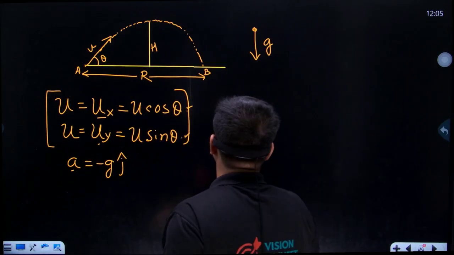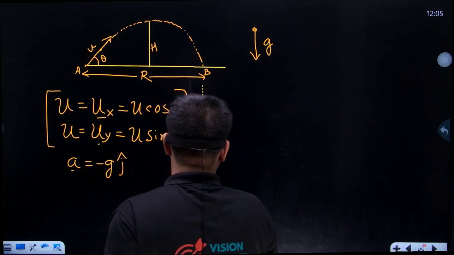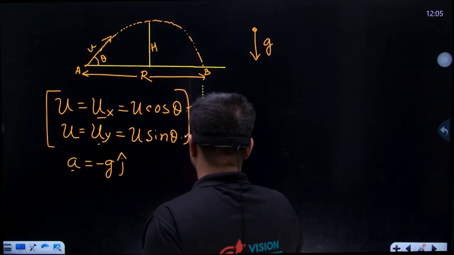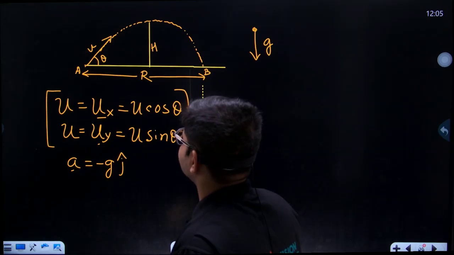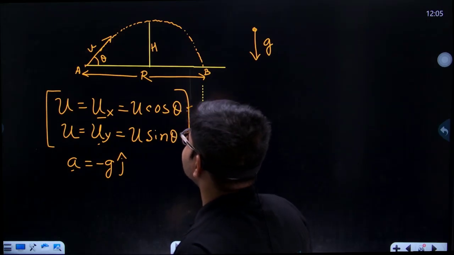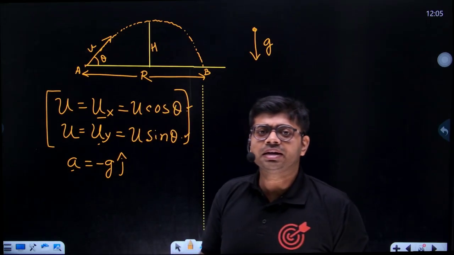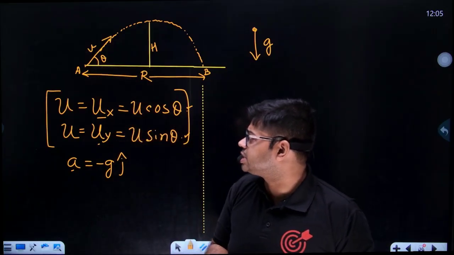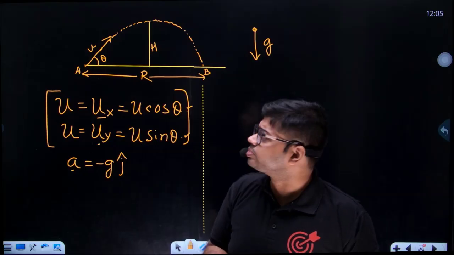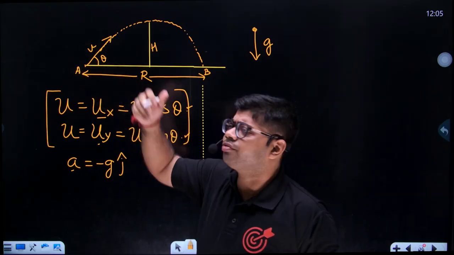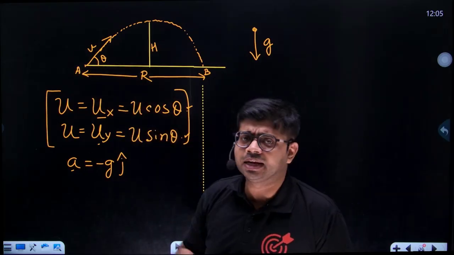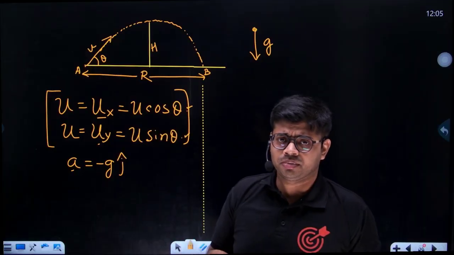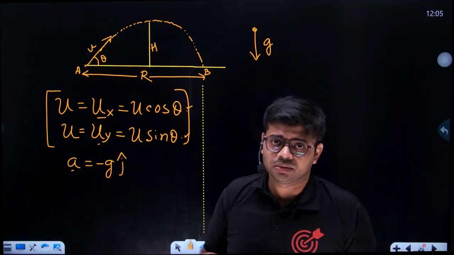Very very simple. First and foremost, if I try to tell you that, okay, please tell me what is the velocity, initial velocity, है ना, या फिर what is the equation of the velocity of this projectile at any particular time, what it is going to be?